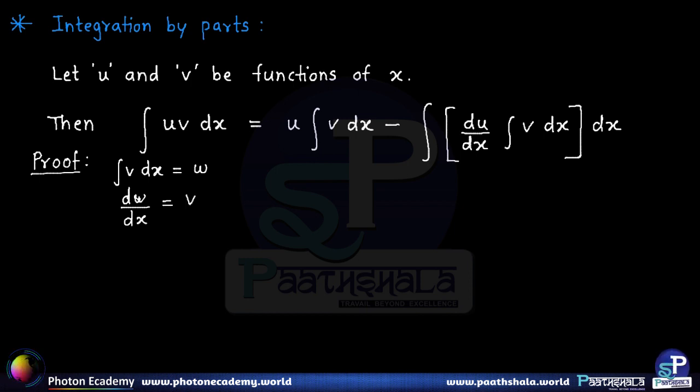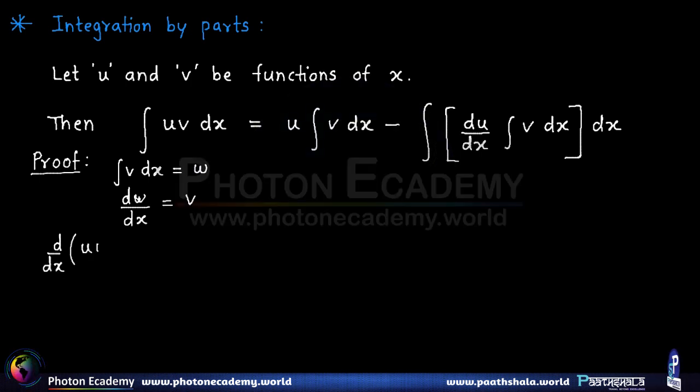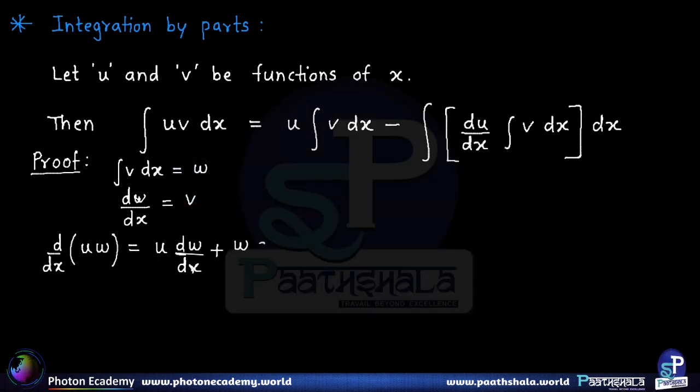That is, the integral of v is w, so the derivative of w is v, right? Now next we consider the derivative of the product u into w. We know how to differentiate a product, so that is u into dw by dx plus w into du by dx.